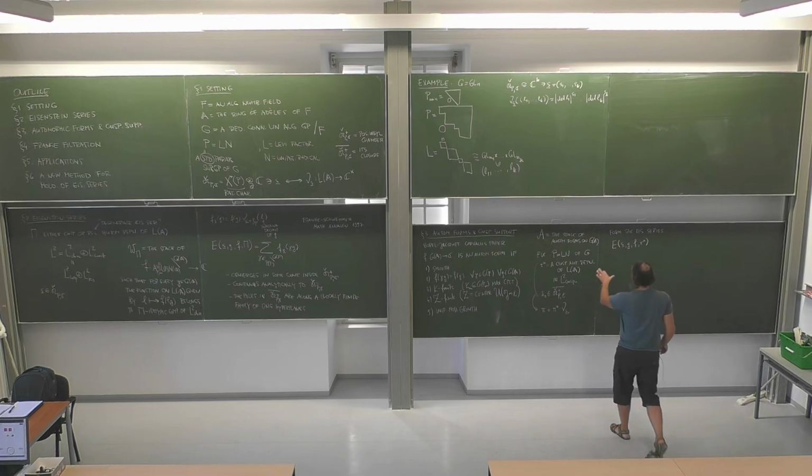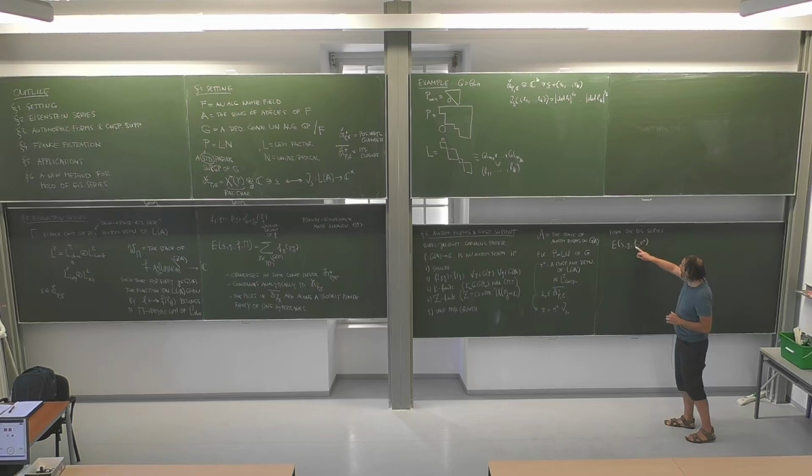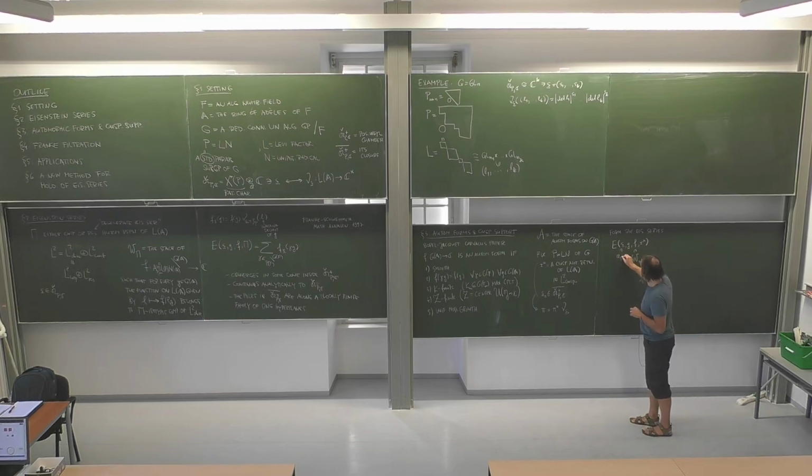So this time this is a cuspidal Eisenstein series coming from this cuspidal representation pi_u. f is a function in the space W(pi_u) as before, and s is in the parameter space.